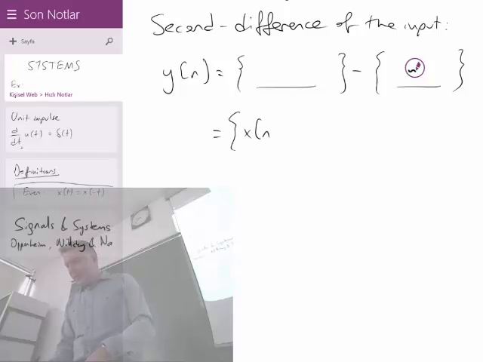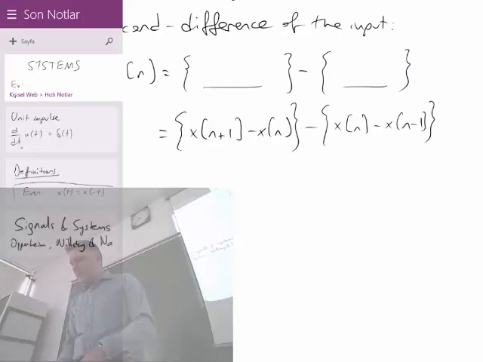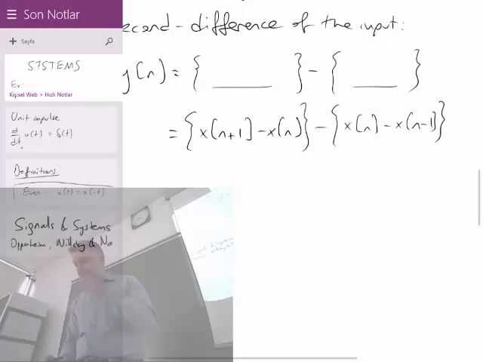x of n plus 1 minus x of n. This is a first difference, and the one-shifted version of this will be x of n minus x of n minus 1. Okay?